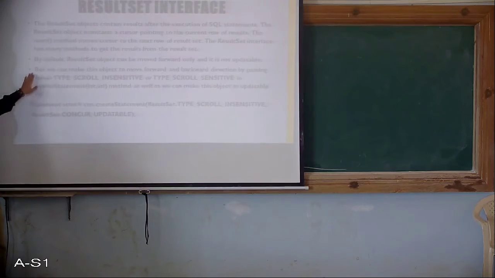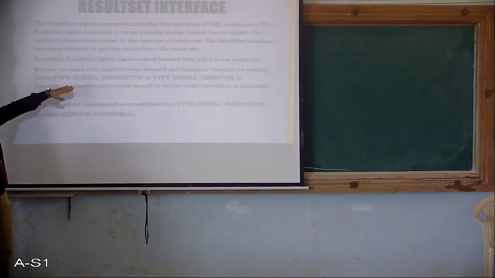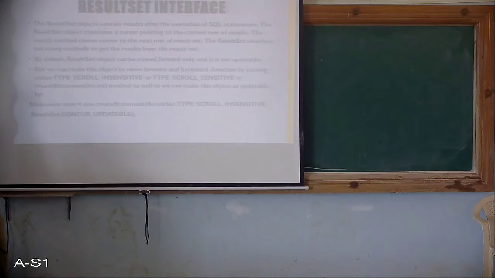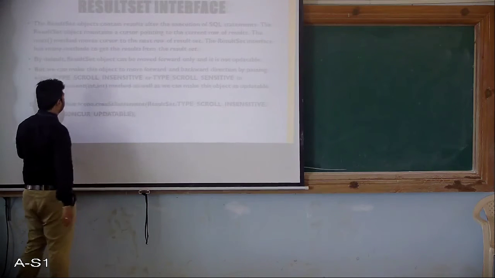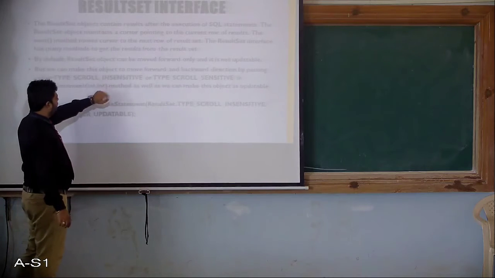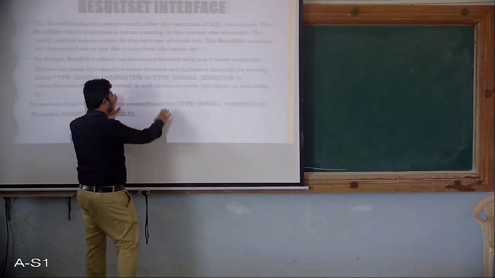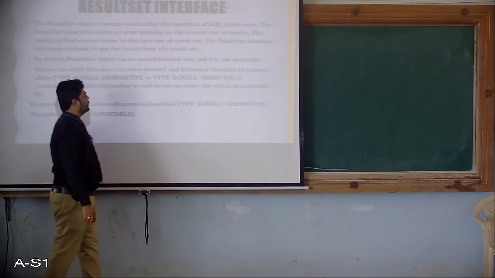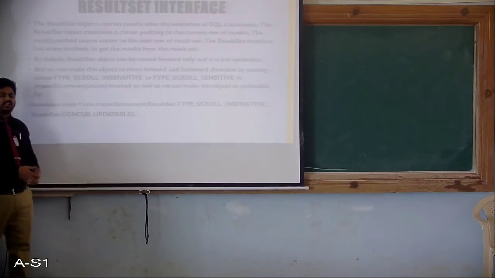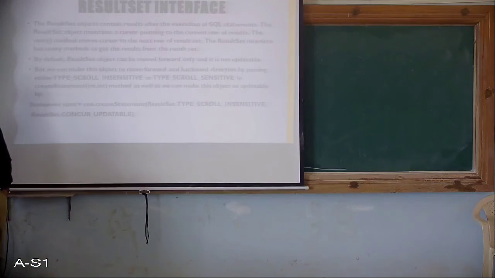We can make this object move in the forward and backward direction by passing either TYPE_SCROLL_INSENSITIVE as one option, or TYPE_SCROLL_SENSITIVE as the other option, which are the main categorizations of the result set interface.